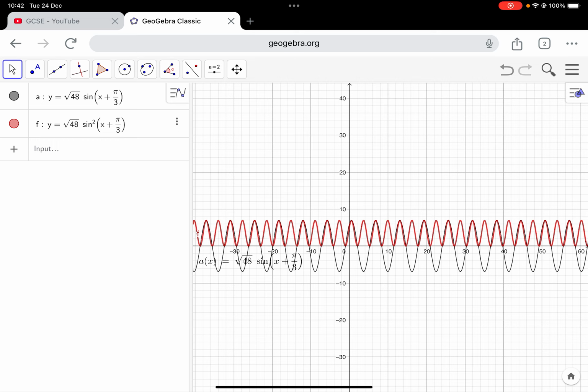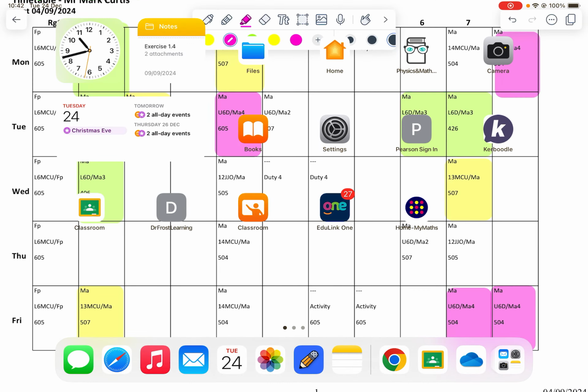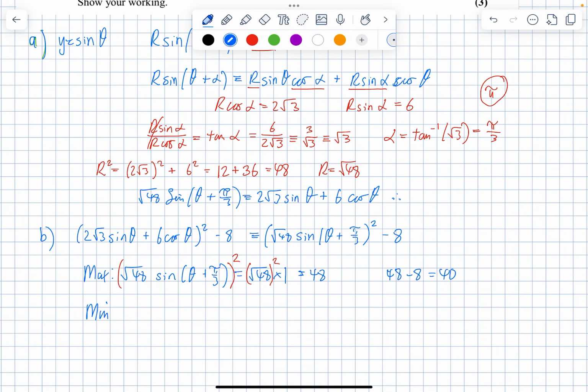So now my new minimum becomes 0. So now, if we go back to this, my minimum is just going to be 0 times 1, which is going to be 0, but I've got 0 minus 8. So my minimum is going to be minus 8.